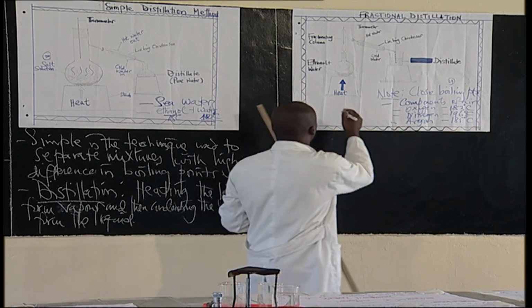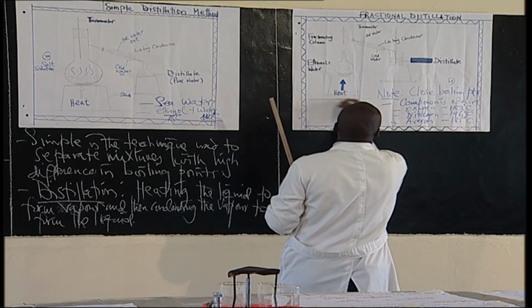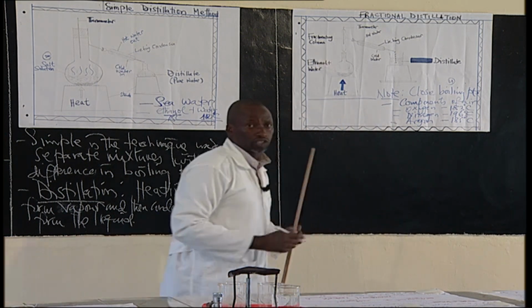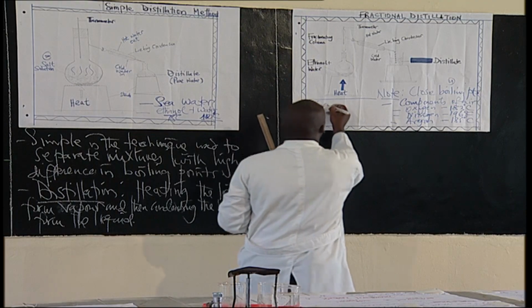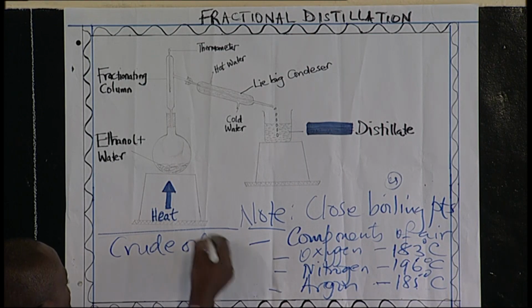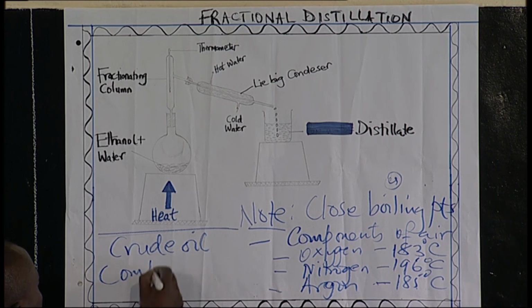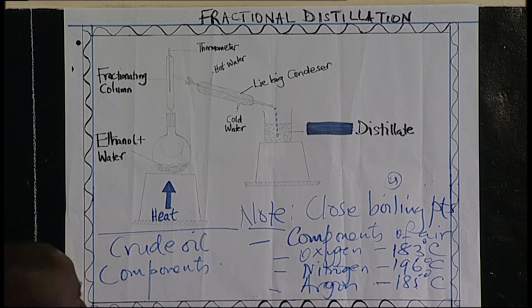So we can also look at the other methods that can be used. Crude oil components. When we talk about the crude oil components, there are so many of them.